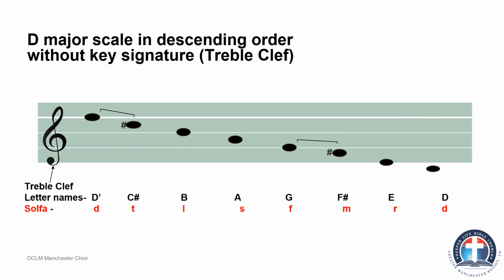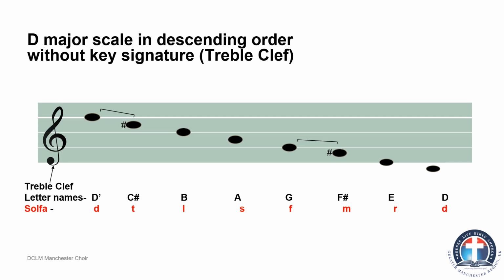This is slightly different from what we've been looking at on the previous slide. Here we're going to construct the D major scale in descending order without key signature, with the treble clef on the treble stave. So here we see the treble clef, and then the notes running in descending order.